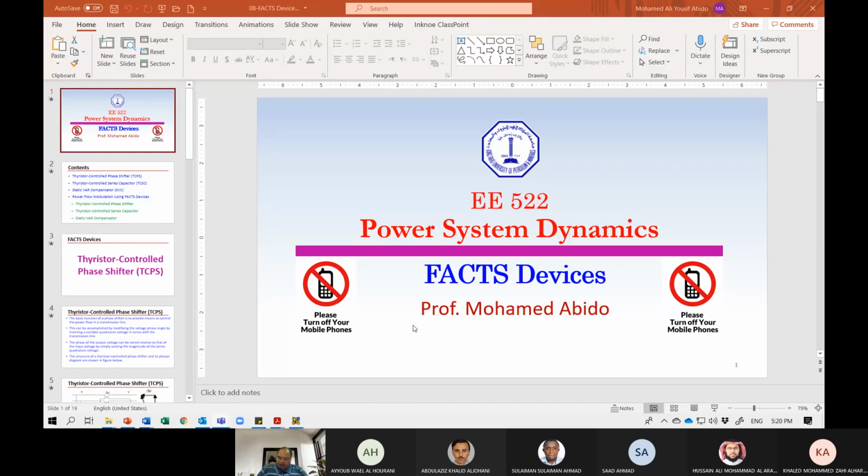We discussed the transient stability, or developing the swing equation in a multi-machine power system: pre-fault, during fault, and post-fault conditions. We discussed the detailed procedure in steps, how to start until you end up with the swing equations for each machine.